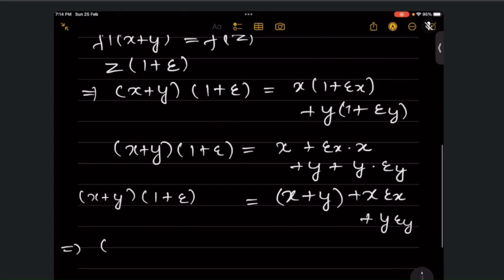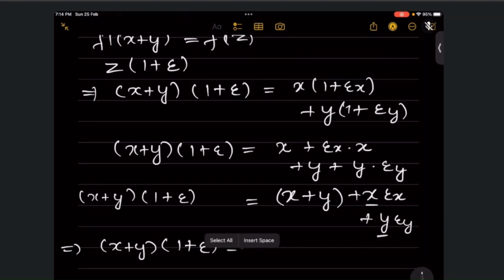Then in the next step, since we want to make the expression on the right hand side comparable to that on the left hand side, I will divide this x and y by x plus y.